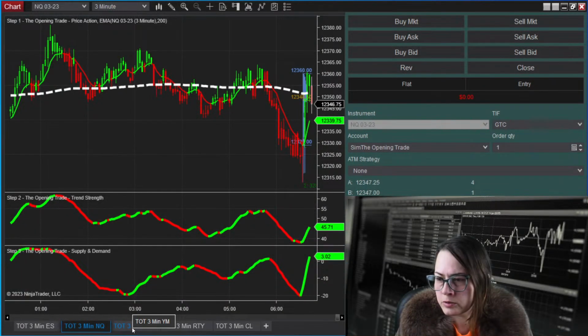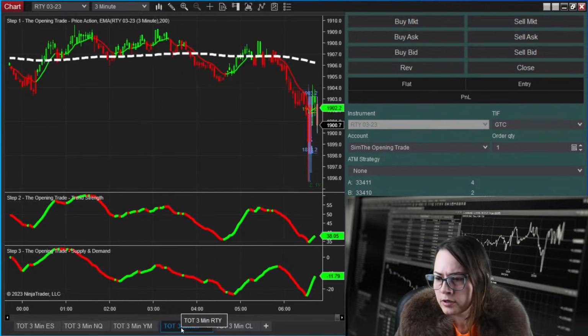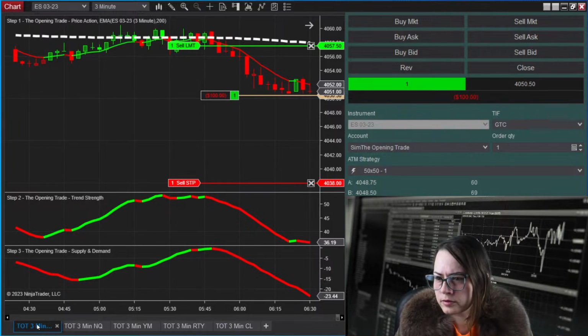It has time, so let's look at our charts. There's the NQ. Look at our trade. We're going to stay in this trade until it turns around and becomes positive. Let's take a look at the crude oil.